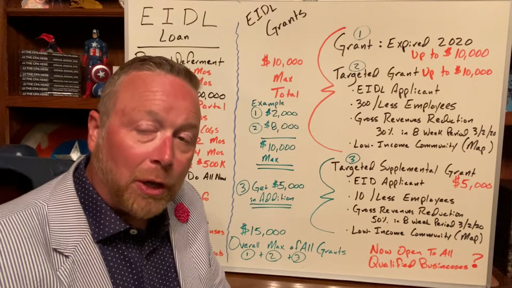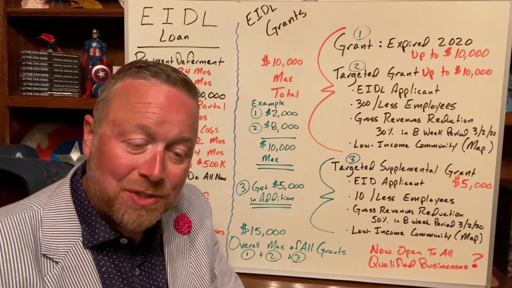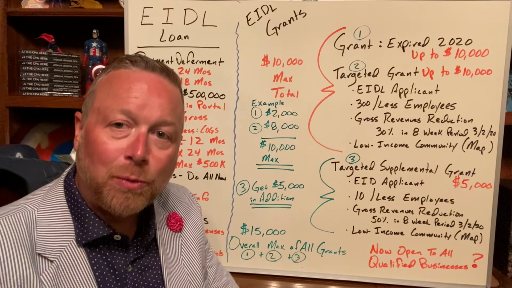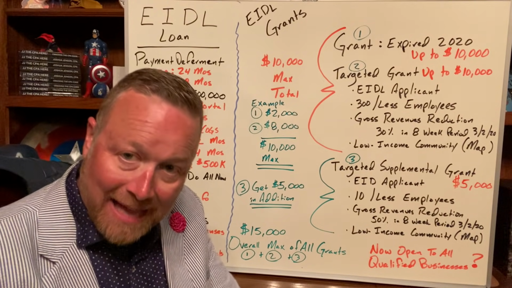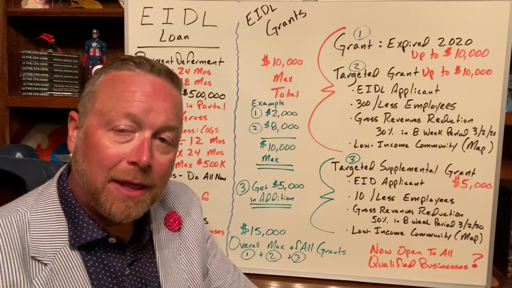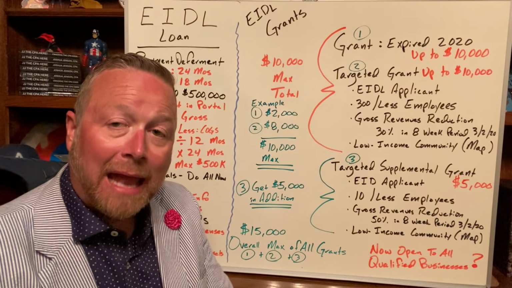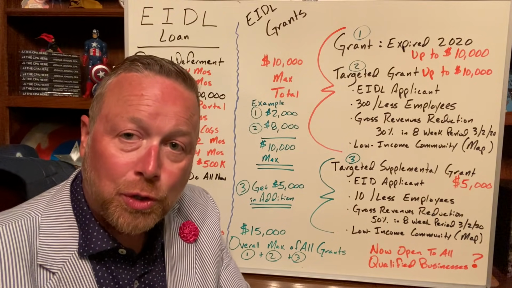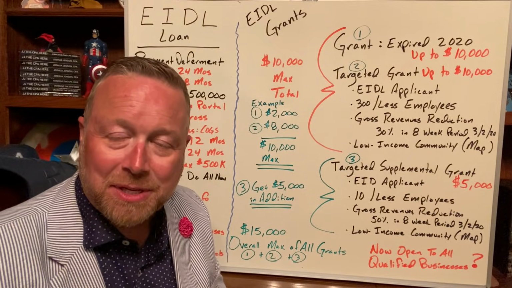So, a little history. When the EIDL was granted for those having economic injury related to COVID, at the time they extended this EIDL grant to the applicants, and it was a grant equal to $1,000 for each employee, maximum $10,000.